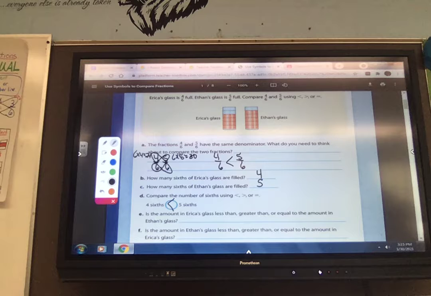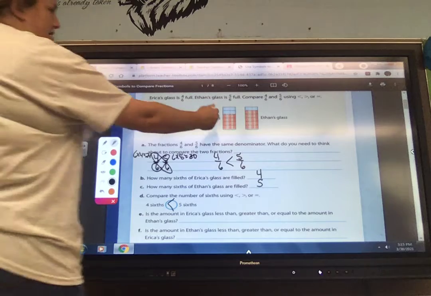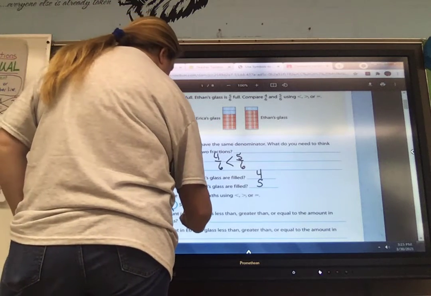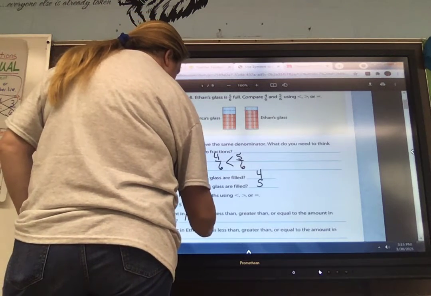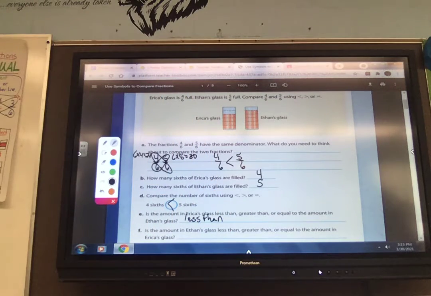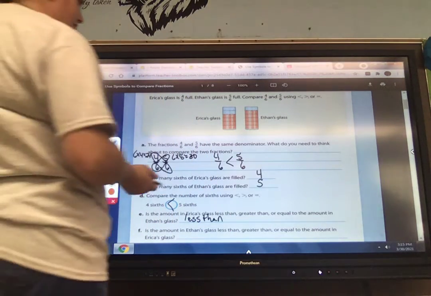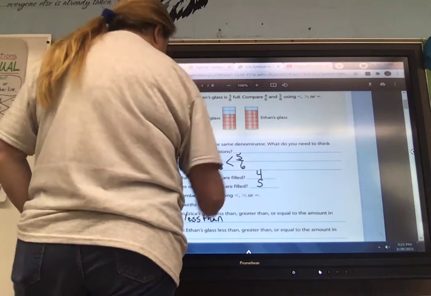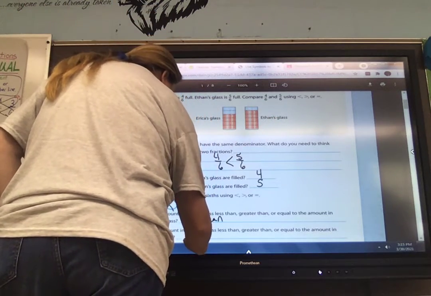Is the amount in Erica's glass less than, greater than, or equal to Ethan's? Erica's, we can look at the picture, is less. Is the amount in Ethan's glass less than, greater than, or equal to the amount in Erica's? Ethan's we see is greater than.